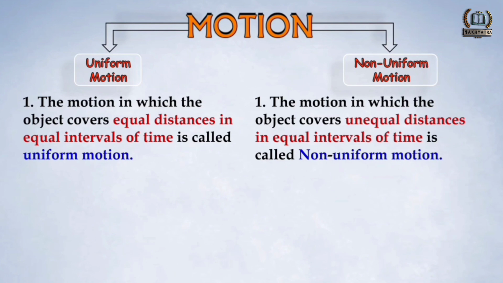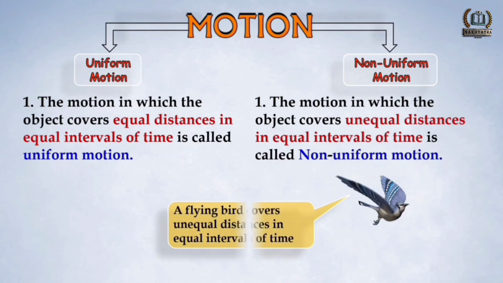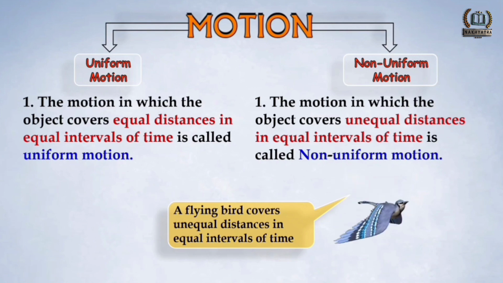So that is your non-uniform motion. See the example, a bird is flying. A flying bird covers unequal distances in equal intervals of time, right?